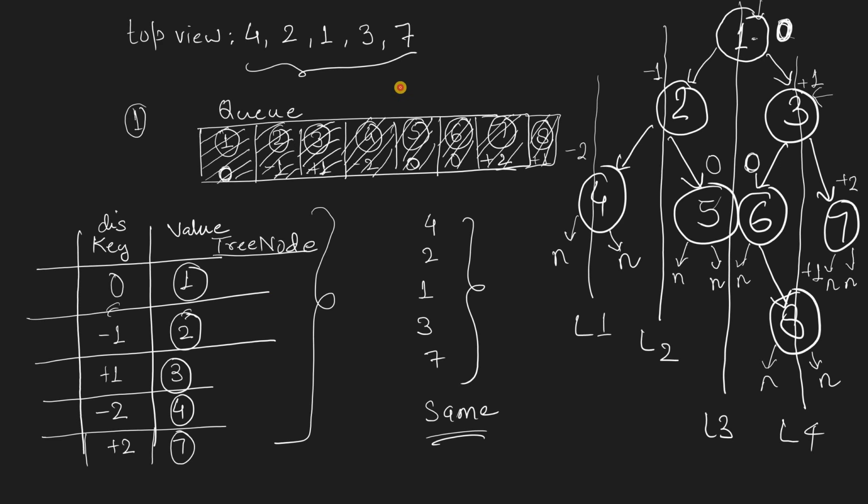So for n nodes, we are going to do the operation on the map, and one operation takes log n time. How many operations we have to do? Equal to the number of nodes in the binary tree. So this will be our time complexity. We'll say O(n log n), right? So space complexity is O(n), and the time complexity is O(n log n).